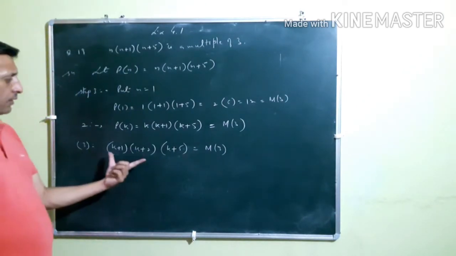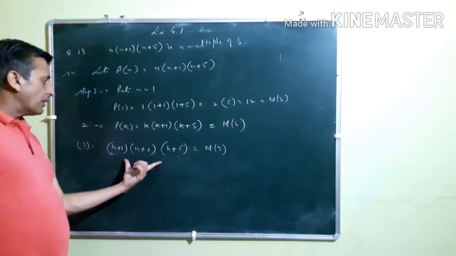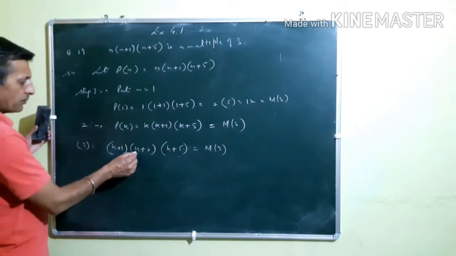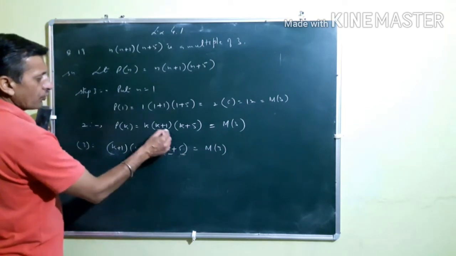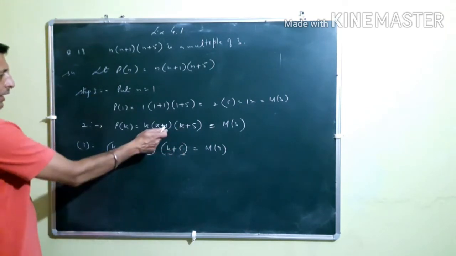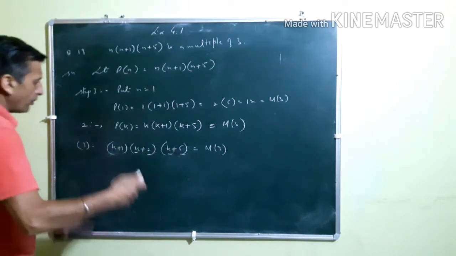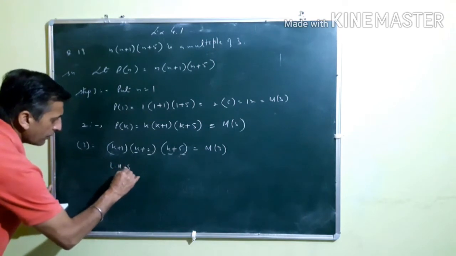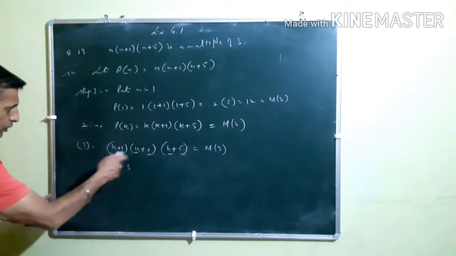For this, if we want to prove this one, we have to use step number 2. So we have to reduce the terms k plus 2 and k plus 6, so that it becomes k plus 5, and this is your k. So we have to manage these terms. I am taking the left hand side. Once again, see it very carefully. So I am taking the left hand side.